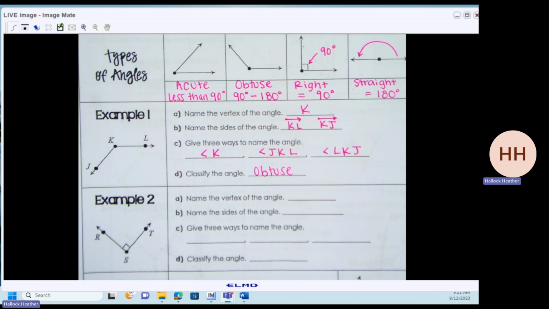Try to figure out what the vertex is. Try to figure out how you're going to name the sides.